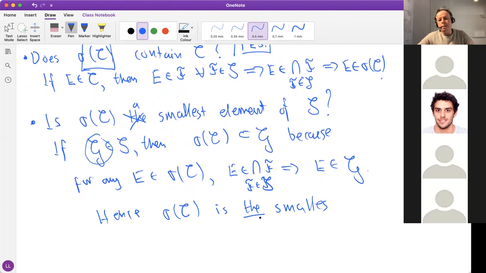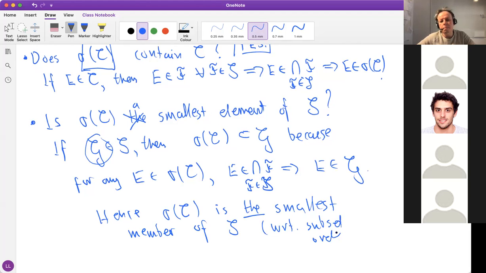We already proved that this is unique, so it is the smallest member of S. And this is, of course, ordering with respect to the subset order.